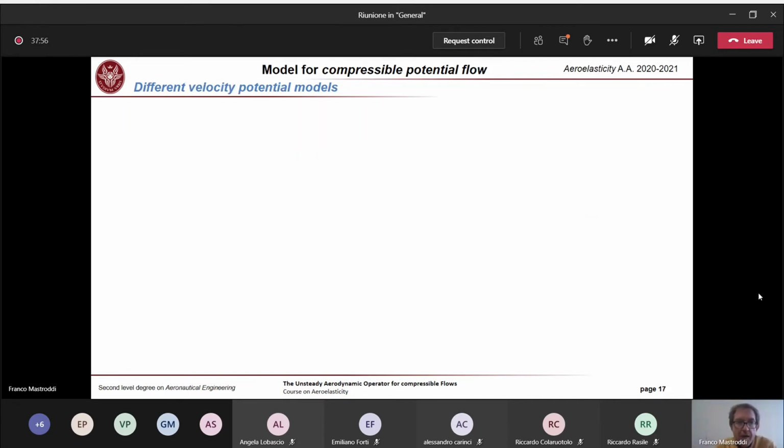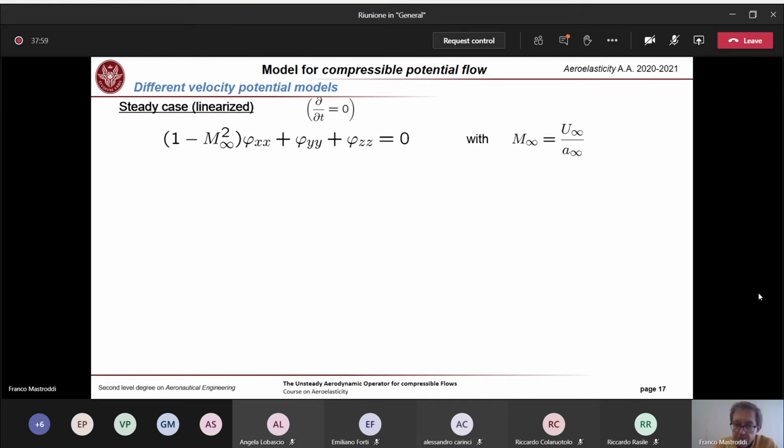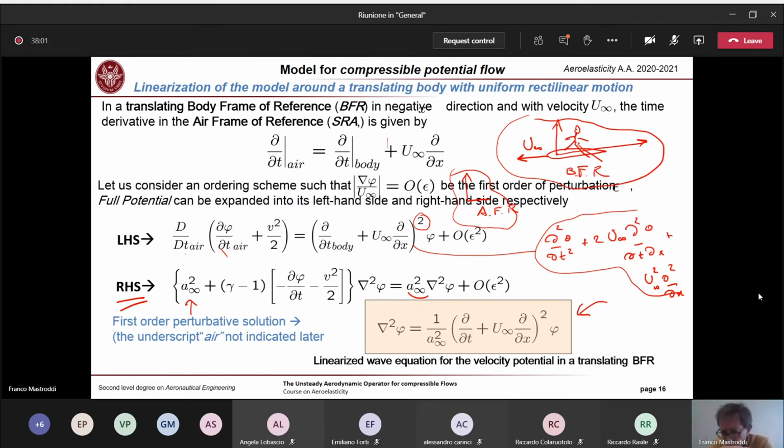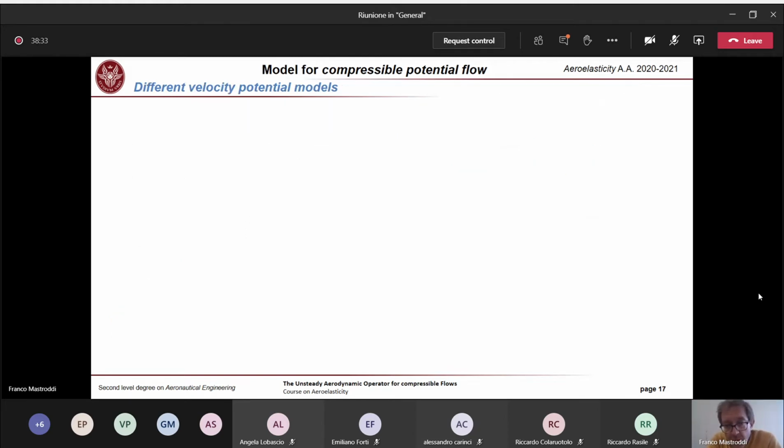Now we have to move to reformulating the problem in integral formulation, because we know the advantage of formulating the problem in integral way, because if the problem is linear, then the integral version of the problem is an integral equation also valid on the boundary and not in the field of the fluid. Okay.